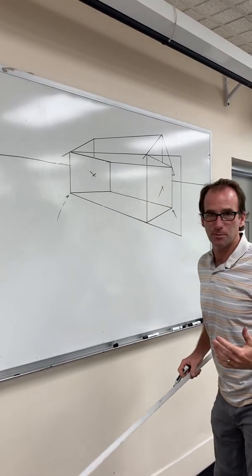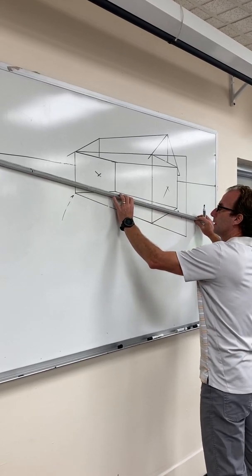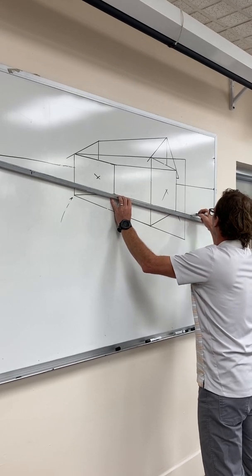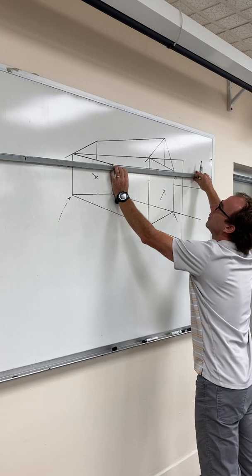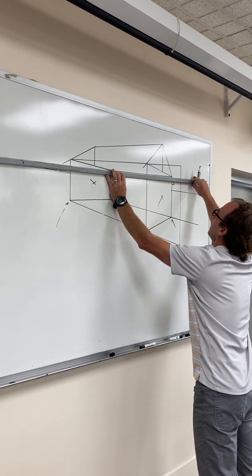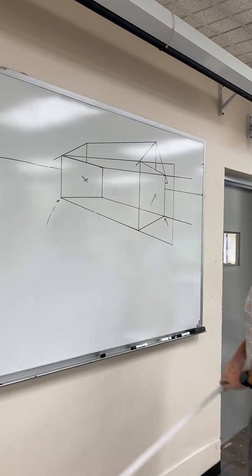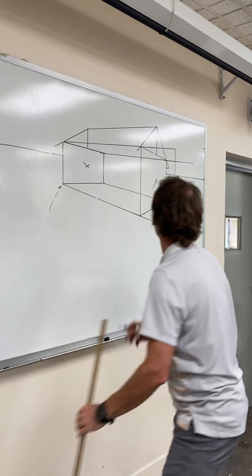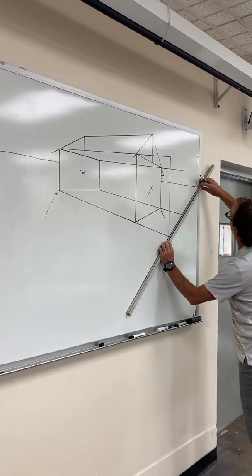I got to do the same to the back now. Okay? So I'm going to go vanishing point through to here. Bring that out like that. There's a lot of lines going on here, so just make sure that you're using the right lines. And extend that out like that. Okay? Now what I want to do is I want to go from this corner back to my vanishing point.